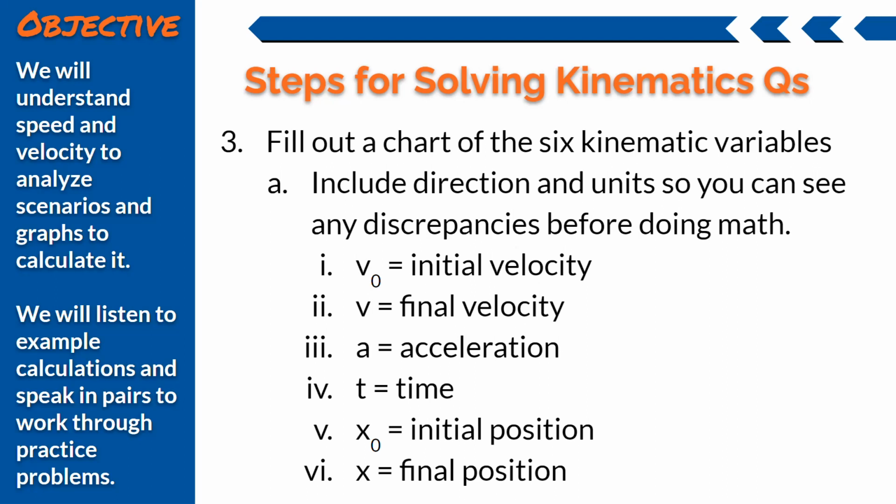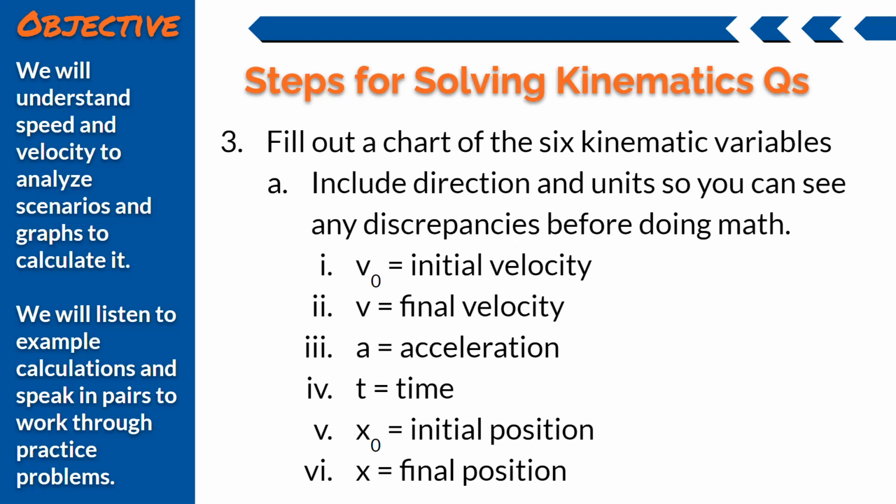So for example, if you have a scenario where you have like a ball bouncing off of a wall and it tells you an initial velocity and a final velocity, well, you need to make sure that you indicate the signs on those numbers, because if it's initially going one way and then it bounces and goes another way, then one of those numbers should be positive and one should be negative. And that should be indicated whenever you label those things for your variables. But again, that goes back to step 1, make sure you label the positive direction.